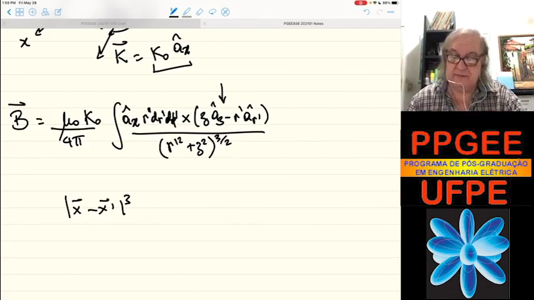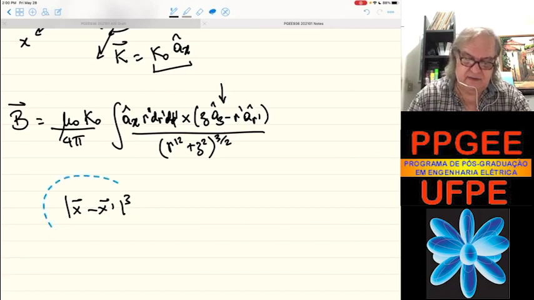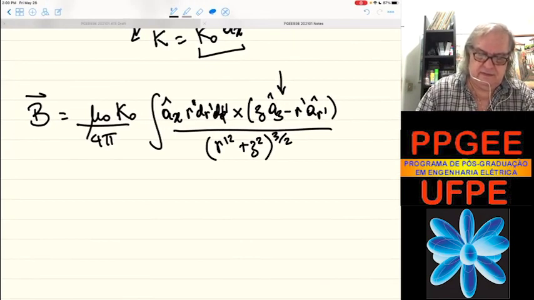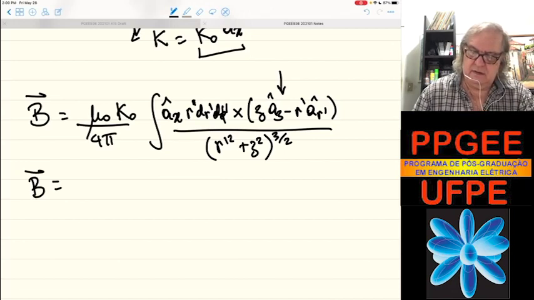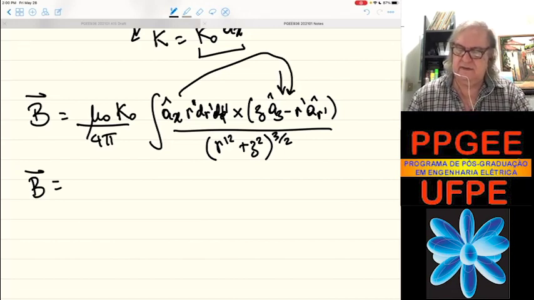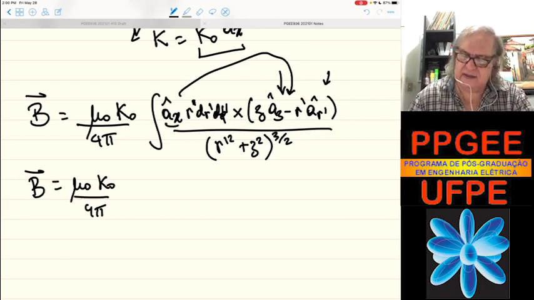Now, the B field has a_x; I have to make cross products here, a_x with a_z and a_x with a_r prime. One contribution is a_x with a_z.